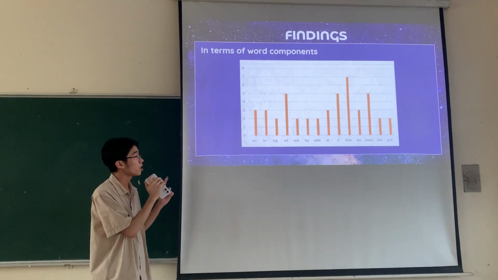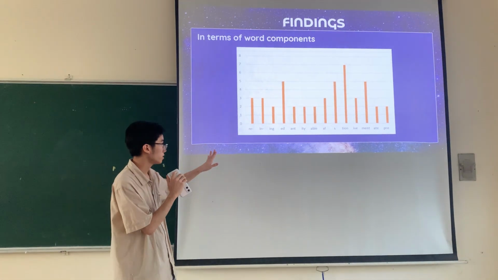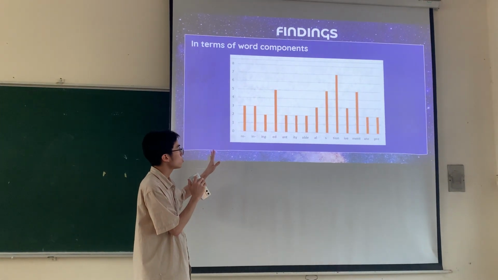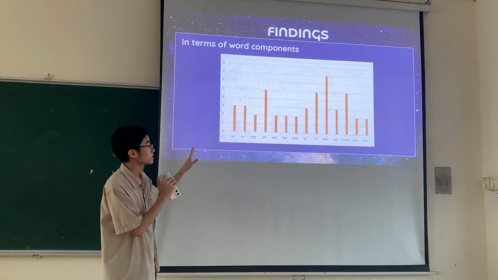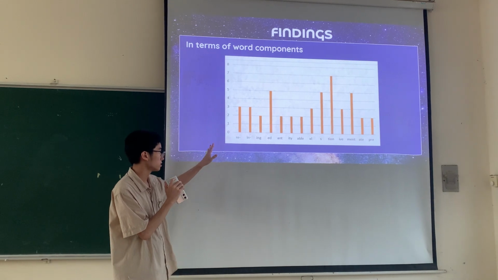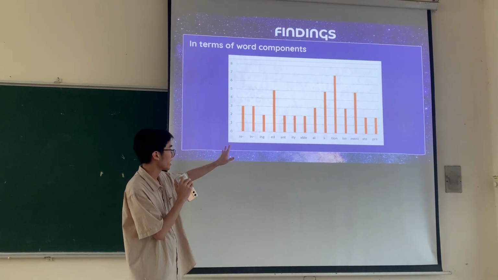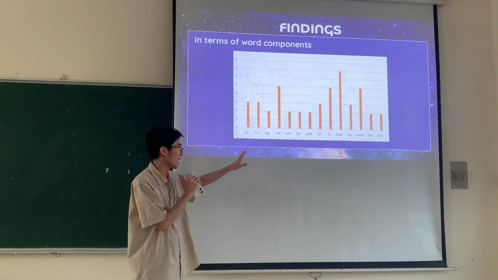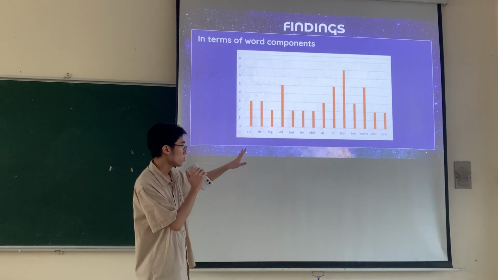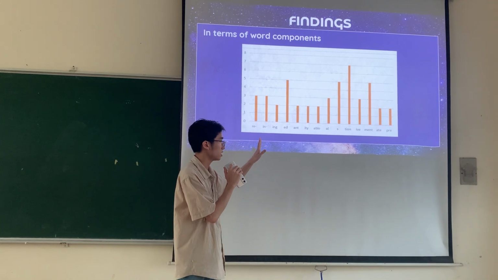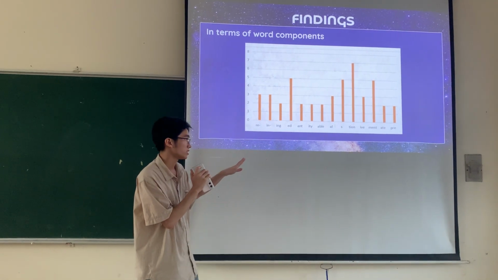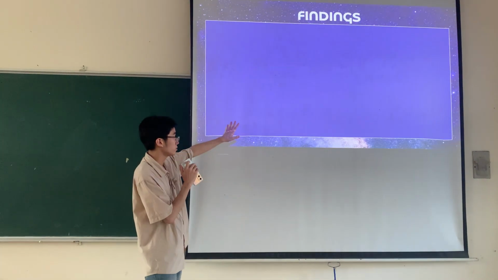Moving to the next term, components, here we have 14 suffixes and prefixes: re, in, ing, ed, ion, it, able, al, as, sion, ive, ment, ate, and free.